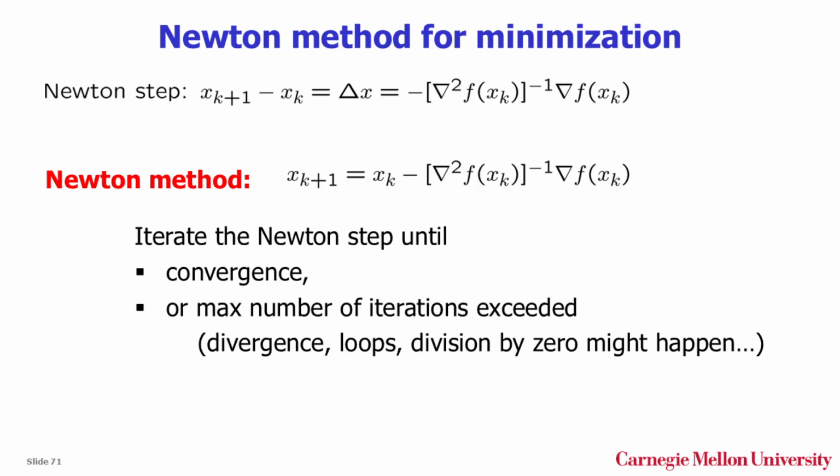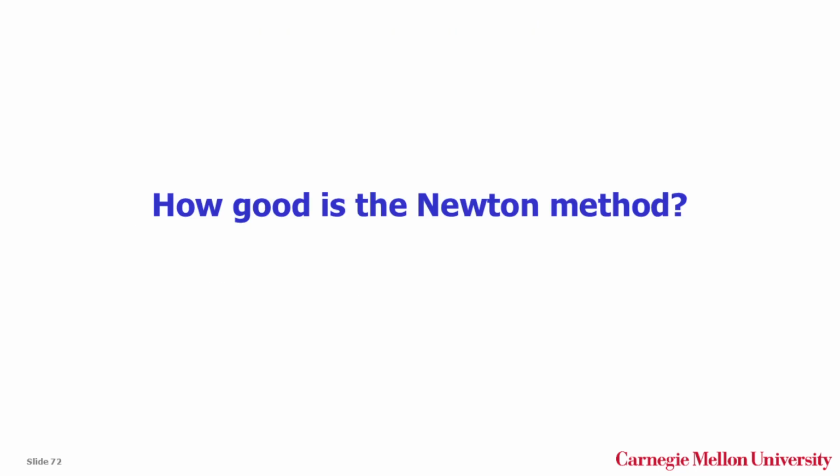To run Newton's method, we simply iterate this update until convergence or until a maximum number of iterations is reached. Note that at this point, we don't have any guarantees of convergence. The algorithm may diverge, get stuck in cycles, or if we are not careful, it might even encounter division by 0 during the updates. So how good is this Newton method?